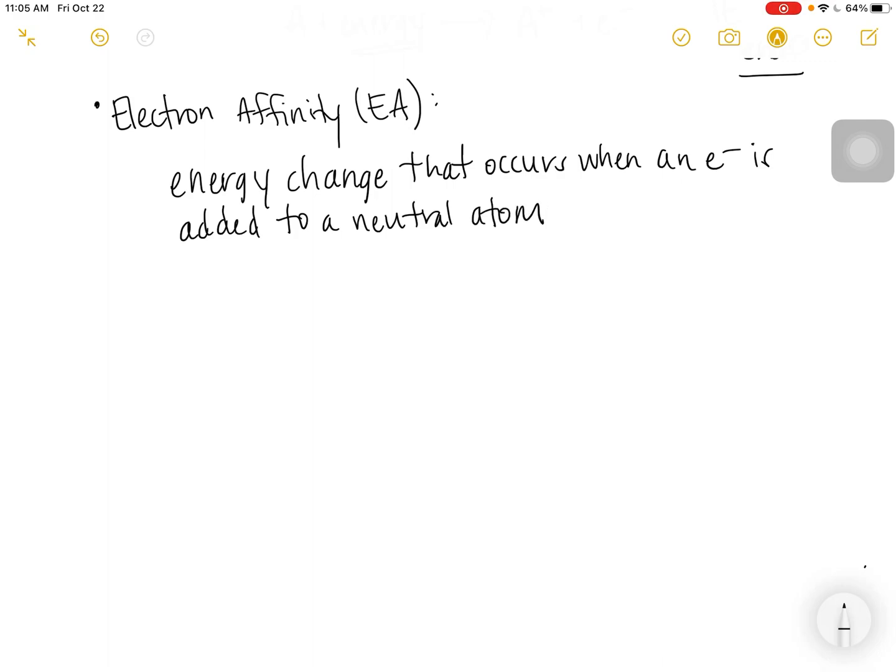Okay, so electron affinity, or EA, is defined as the energy change. Note my choice of terms here, that's important, that occurs when an electron is added to a neutral atom.